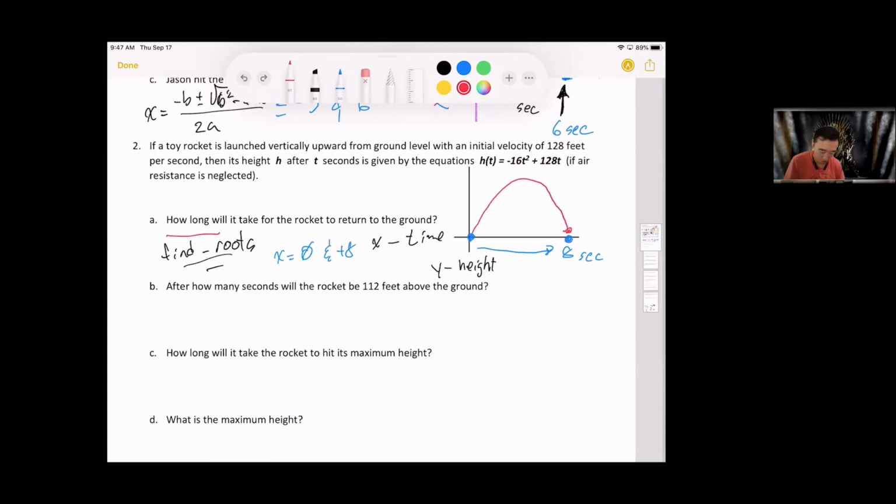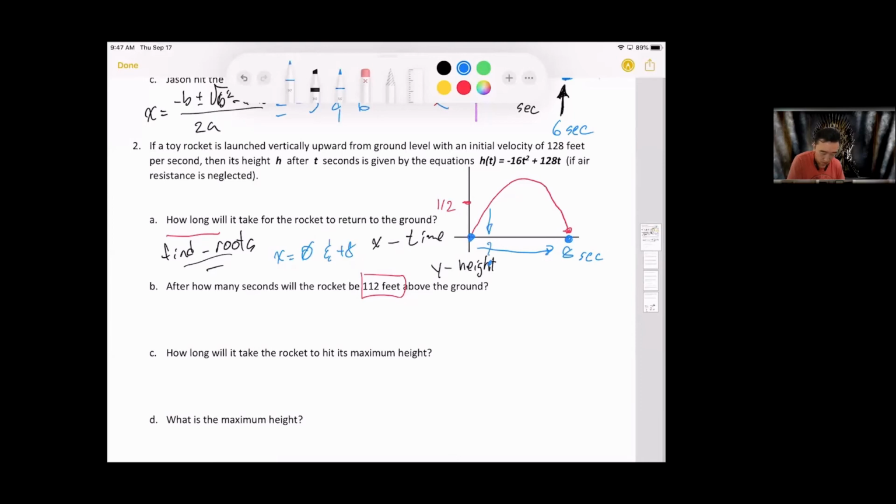So the feet is the height. Here's the thing. It's saying, hey, I don't know where the height is. So let's pretend that 128 feet is right here, and I want to know how many seconds. When is that?